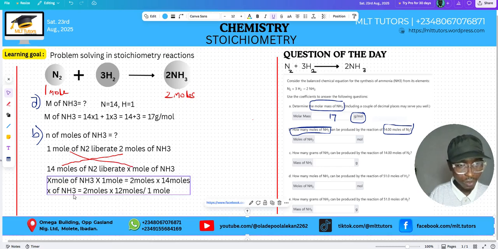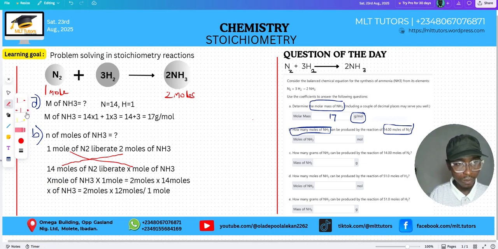Okay, so mole will cancel mole. So what are we now left with? We are now left with x equal to 2 multiplied by 14. That is actually 28 moles.